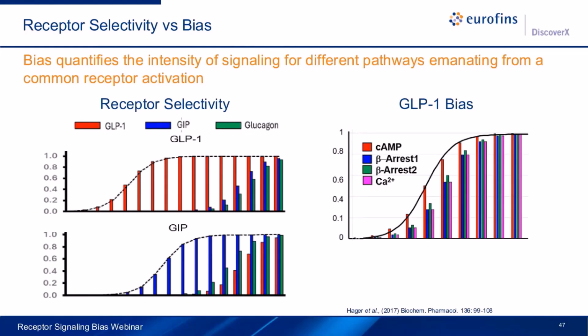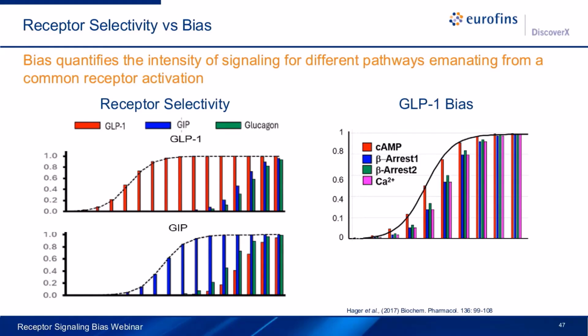So when we try to quantify receptor selectivity, for example, this is data from Hager where we have peptides interacting with GLP-1, GIP, and glucagon. The receptor selectivity of this peptide is very strongly towards GLP-1. So the concentrations that activate GLP-1 do not do anything until you get to hundreds and hundreds fold higher, and then you see this.